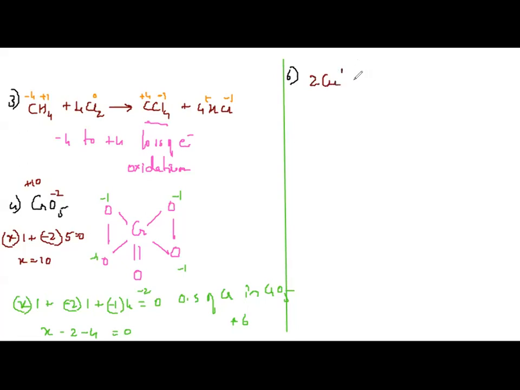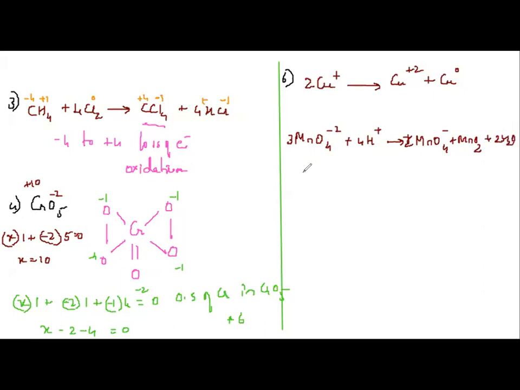2Cu+ gives Cu2+ plus Cu0. Next option: 3MnO4 2- plus 4H+ gives 2MnO4- plus MnO2 plus 2H2O. This is the second option.